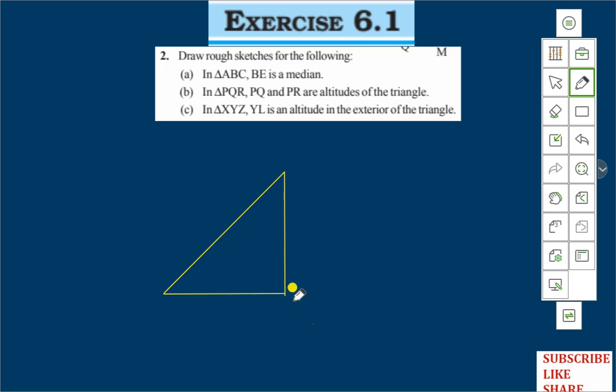Here we are now at the name of the vertices of the triangle: it is P, it is Q, and it is R. Right?